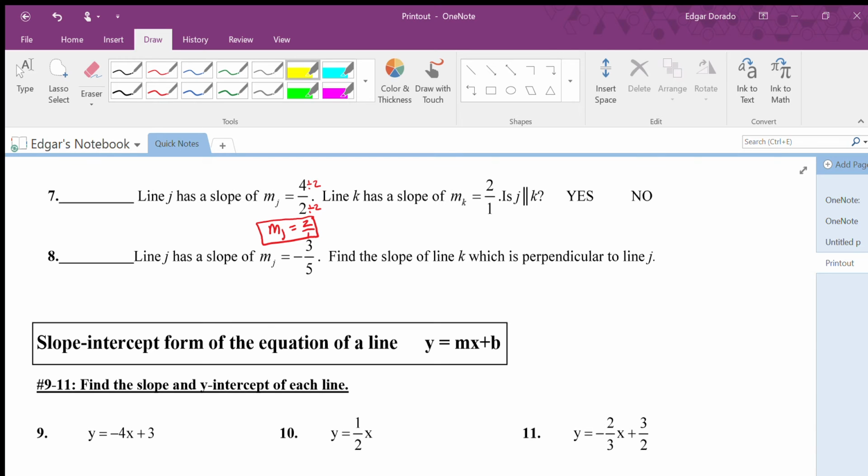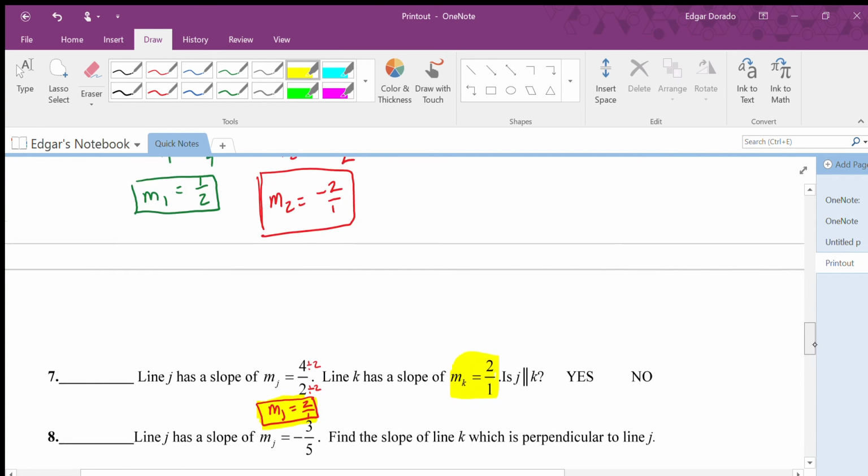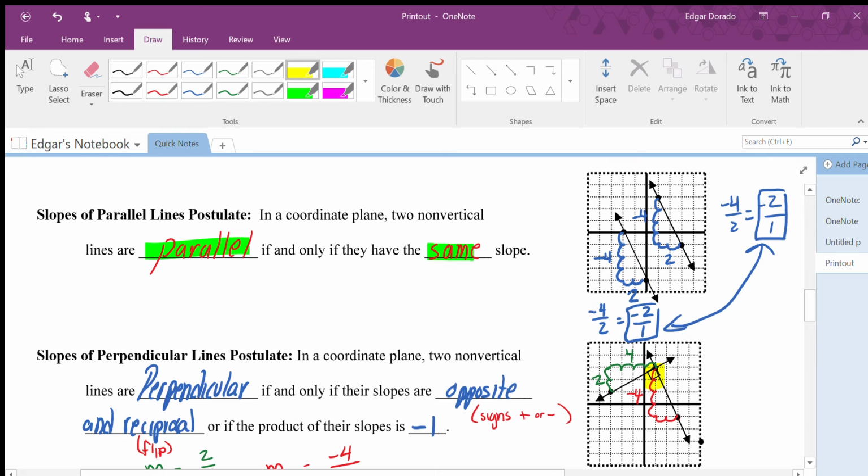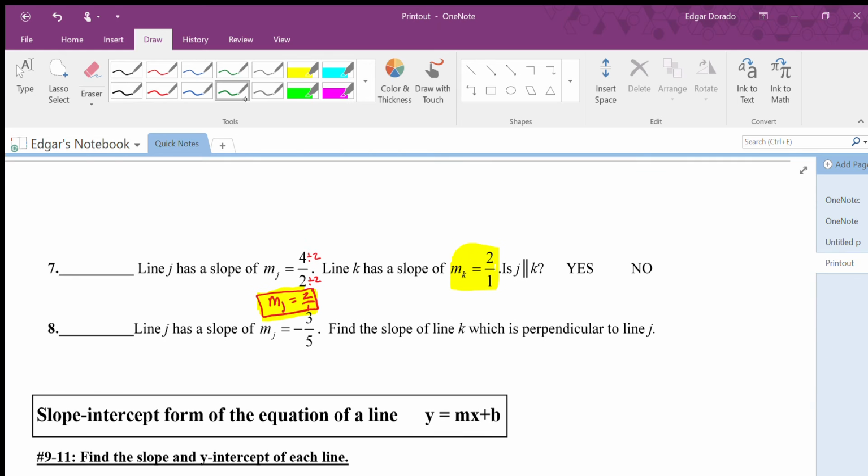Okay, so line J has a slope of 2 over 1. Line K has a slope of 2 over 1. Well, they're the same slope, and it said on our parallel postulate that if we have the same slope, then they are parallel. So are they parallel? Yes, they are.